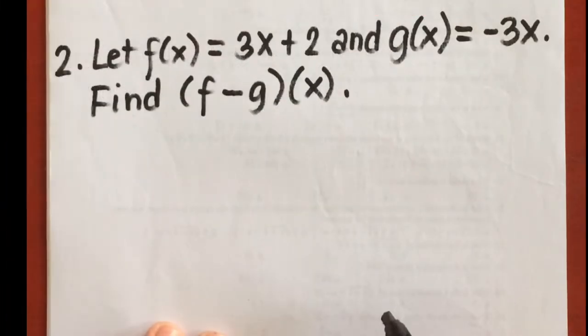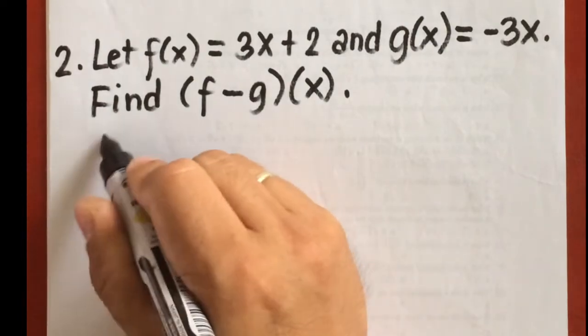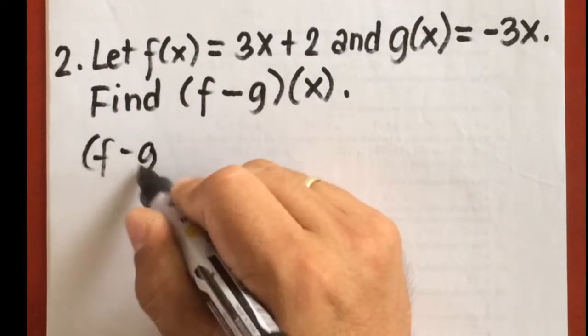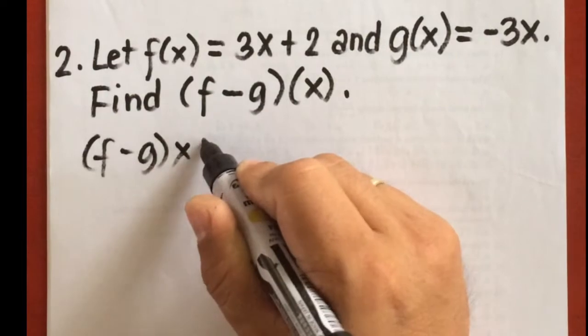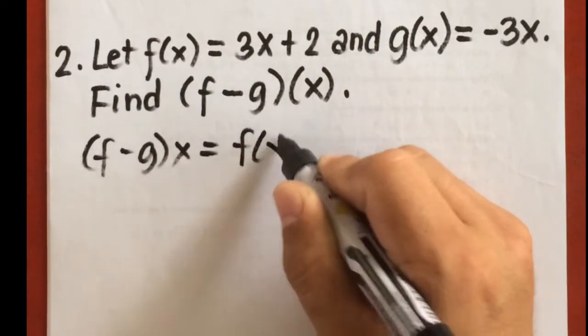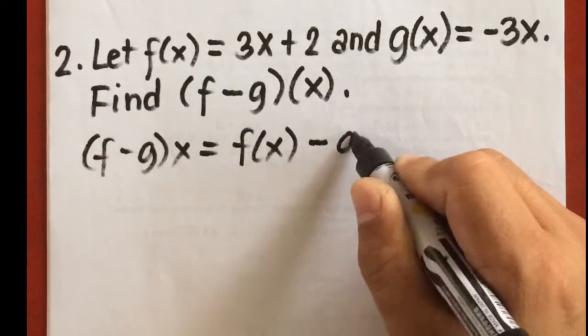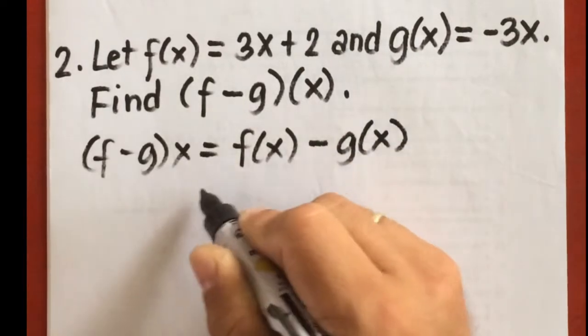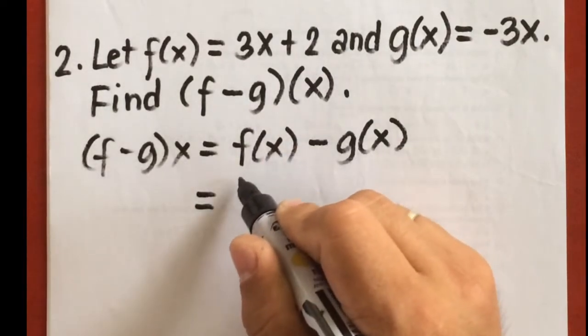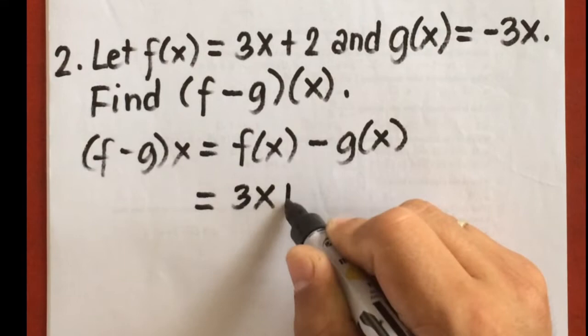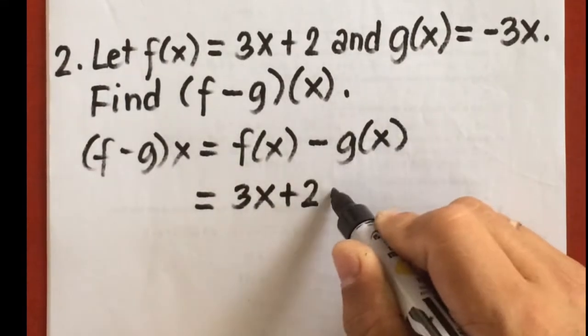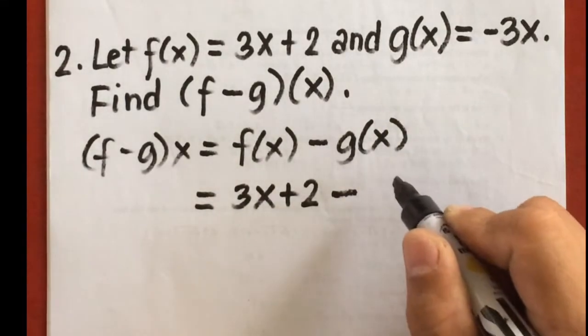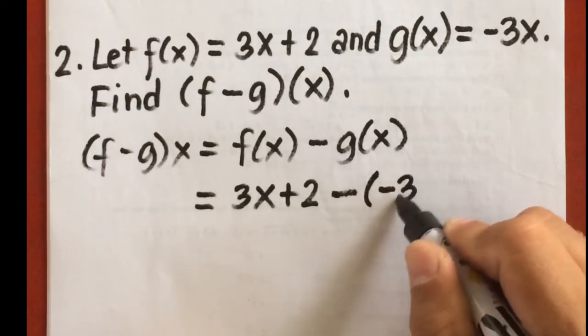Example number 2. Let f(x) equals 3x plus 2 and g(x) equals negative 3x. Find (f minus g)(x). So (f minus g)(x) will be equal to f(x) minus g(x). So f(x) here is 3x plus 2, then minus the value of g(x), which is negative 3x.